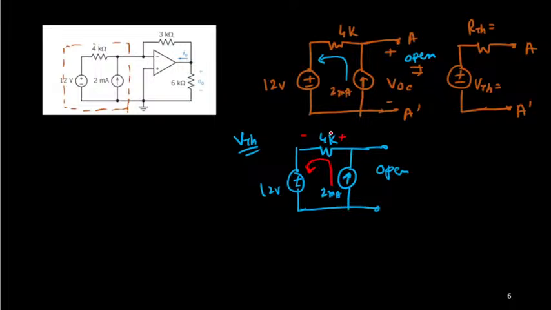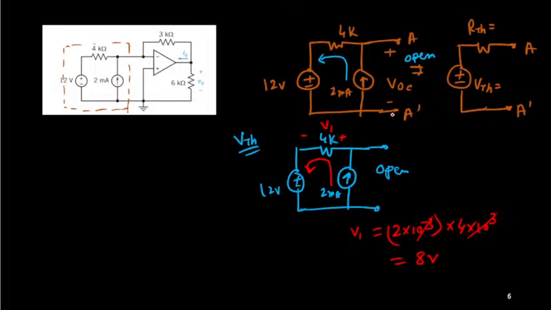So this drop, if I call this V1, is simply this current 2 milliampere, 10 to the power minus 3, and 4K resistance, 4 into 10 to the power 3. So the 10 to the power 3 and minus 3 cancel out. So this is your 8 volt. So you will get 8 volt drop across this 4K.